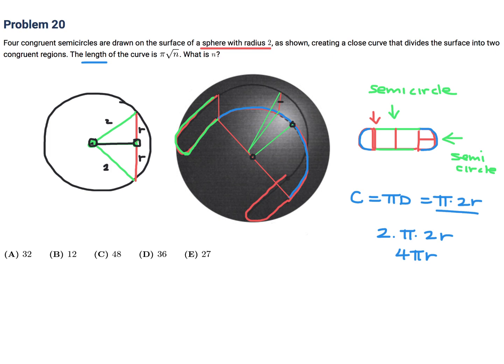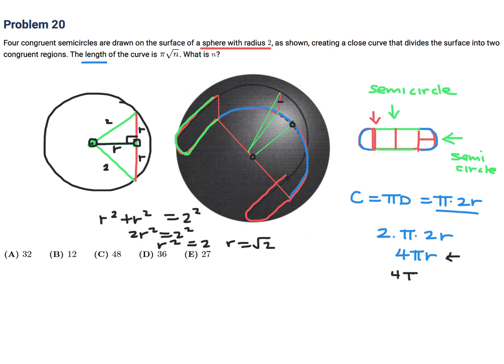So we can conclude that this is also R right here. And since I've drawn that in a right angle, R squared plus R squared is equal to 2 squared. Hold on, 2 squared I should have said. So 2R squared is equal to 4, and therefore R squared is equal to 2, and then R is equal to root 2. So root 2 is what we'll plug in here.